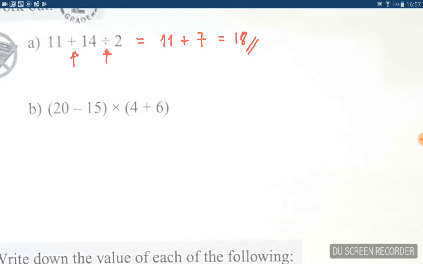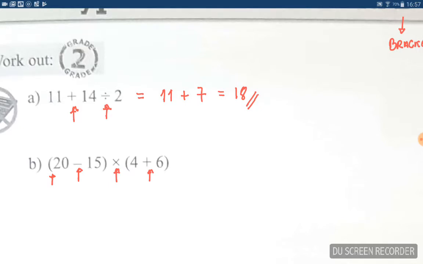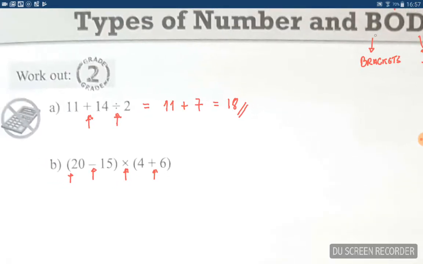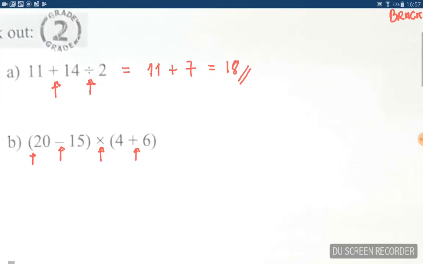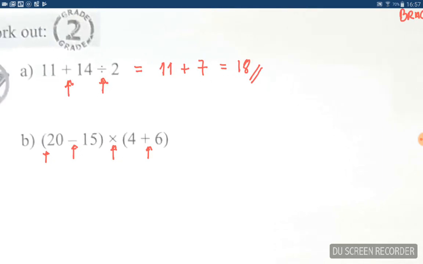For this one, we have brackets, addition, we have brackets here, subtraction here, multiplication here, addition here. So what comes first is the brackets. You can see there, the brackets came first. So we are going to solve everything inside the brackets before anything else.